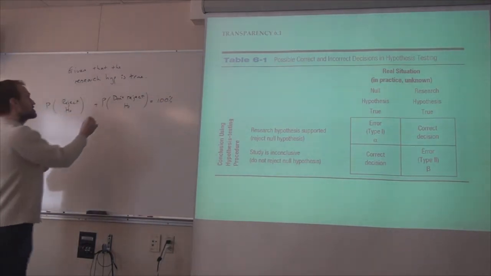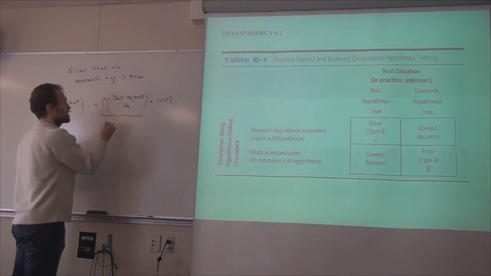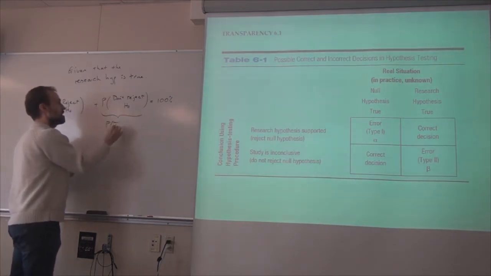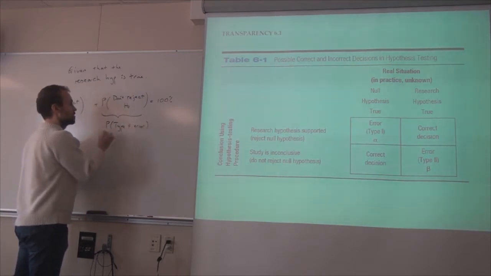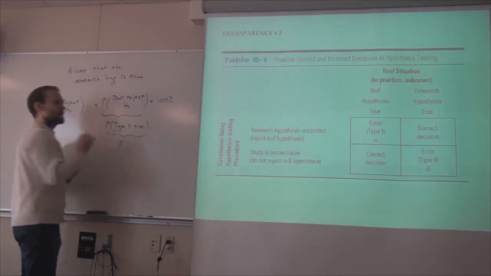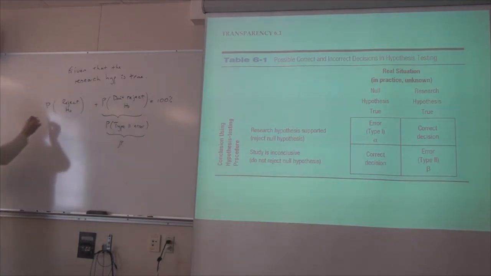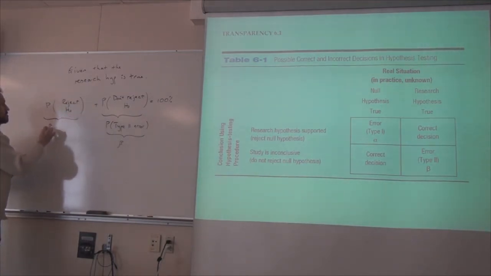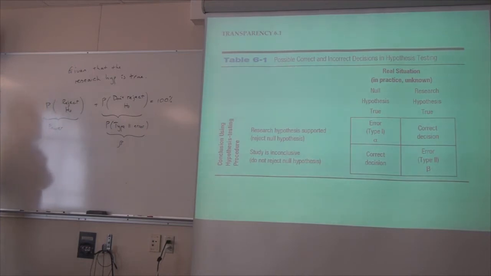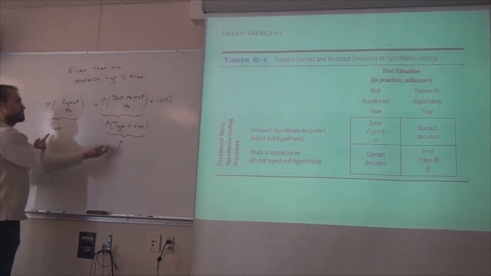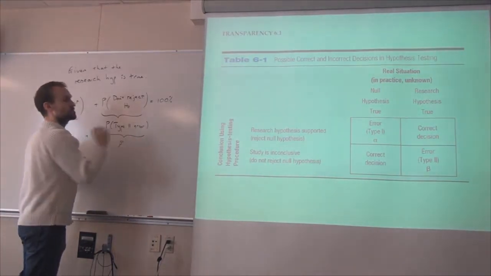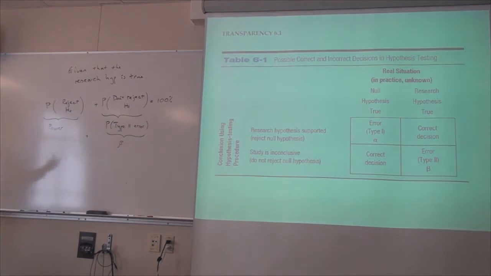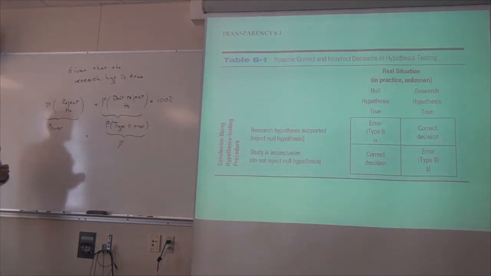If I don't reject the null hypothesis, this is the probability of a type 2 error, which is called beta. This is the power. So together, they're going to equal 100% or 1, depending if I look at decimals or percentages.